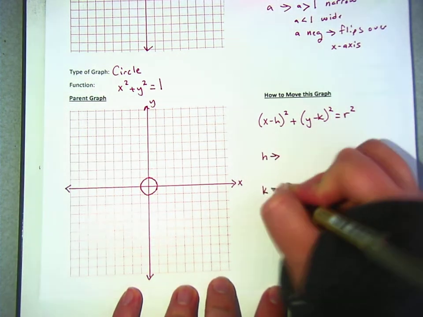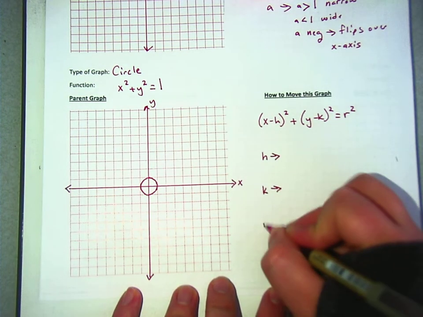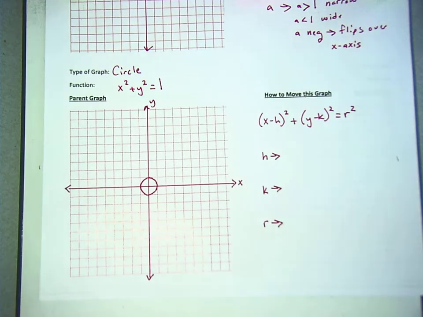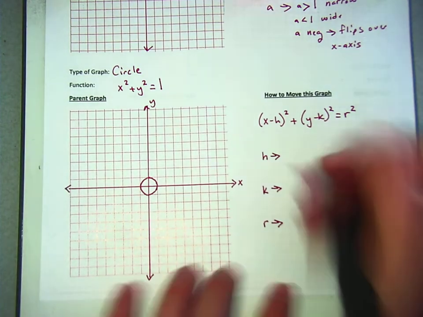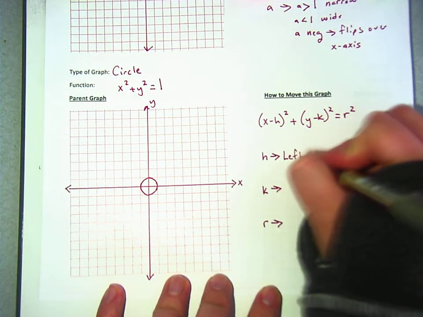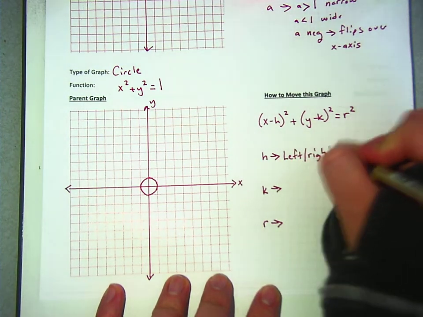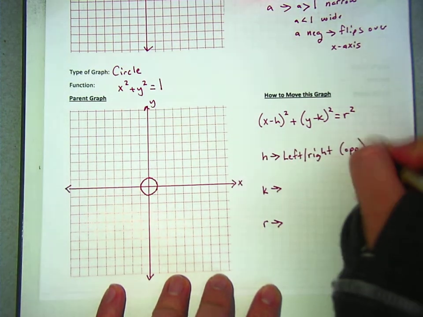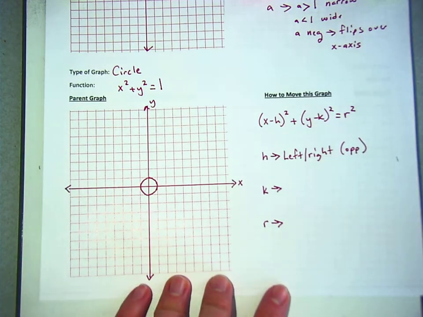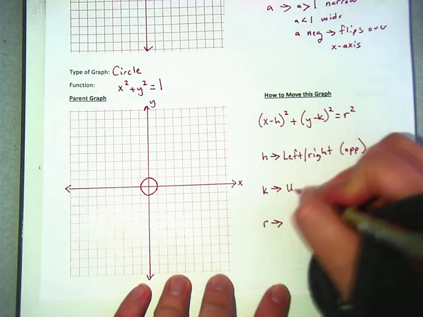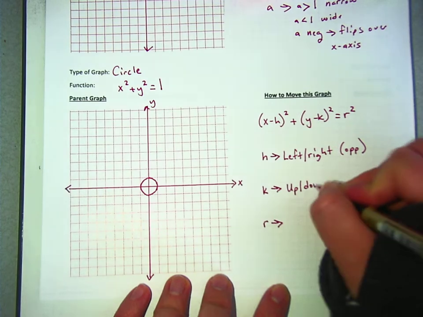What do you think h and k are this time? Take a guess. What do you think h does? Left and right. H moves it left and right. Opposite of what you think. What's k do? Up and down. This one also moves it opposite this time.